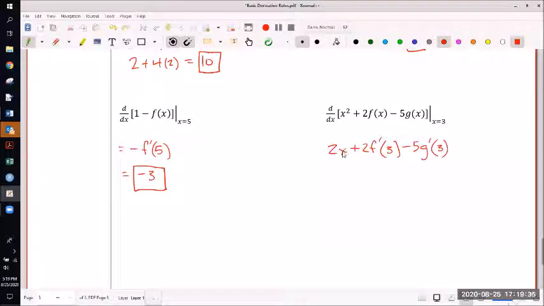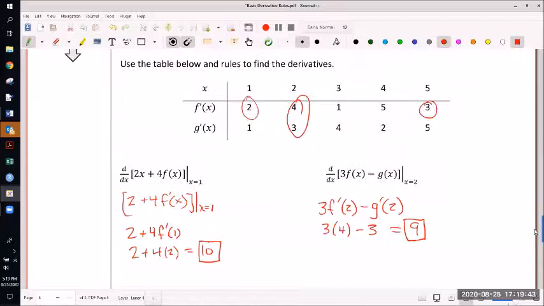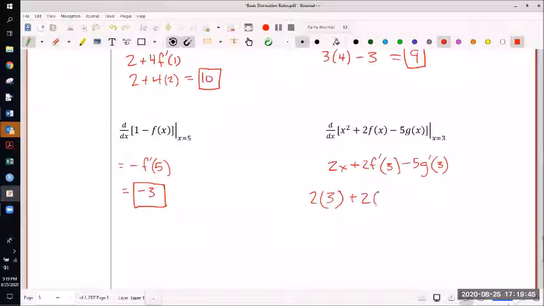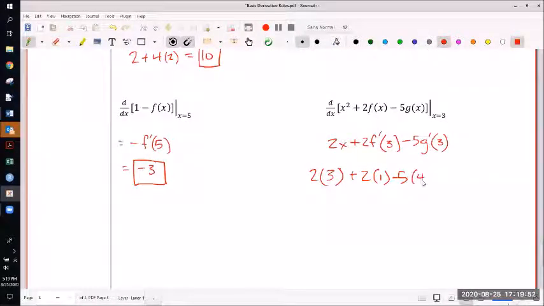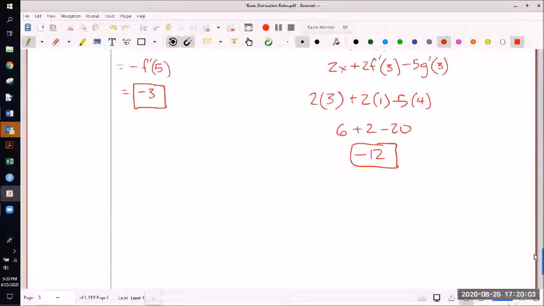I also need to substitute the 3 in here, so I'll have 2 times 3 plus 2 times f prime of 3, looking at the table, is 1, minus 5 times g prime of 3, which is 4. This gives me 6 plus 2 minus 20, or 8 minus 20, which is negative 12. Okay, and that's it.